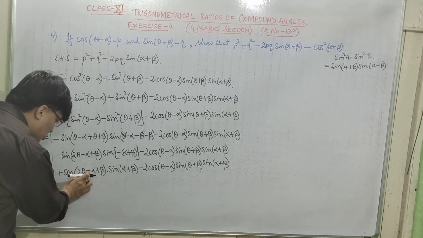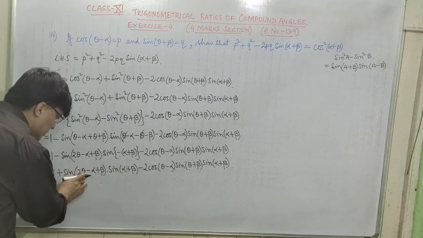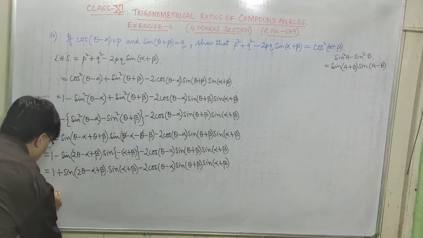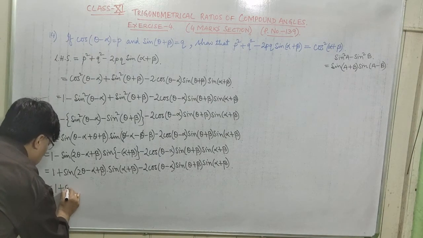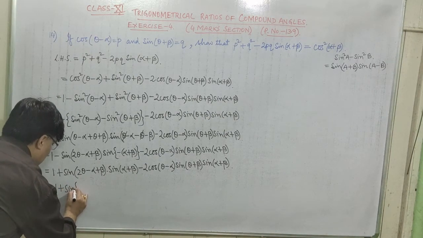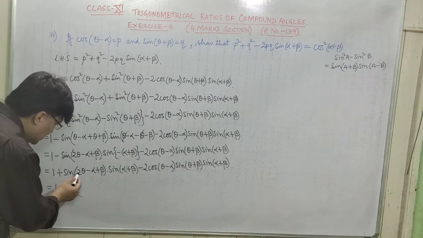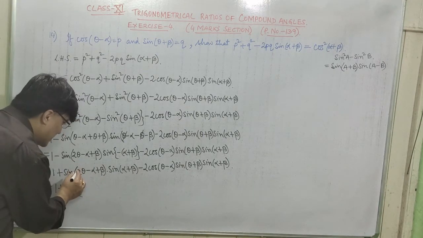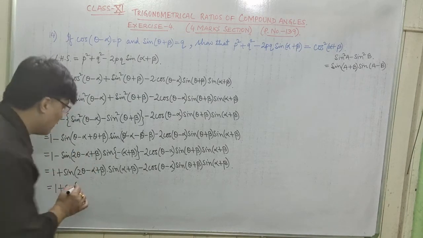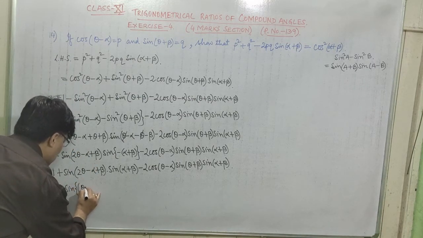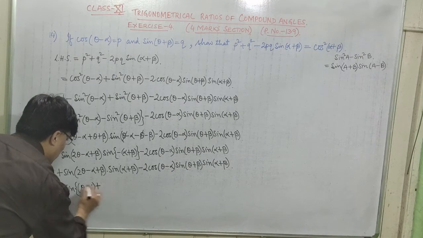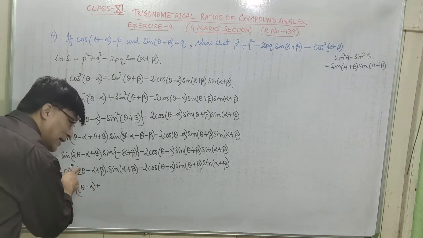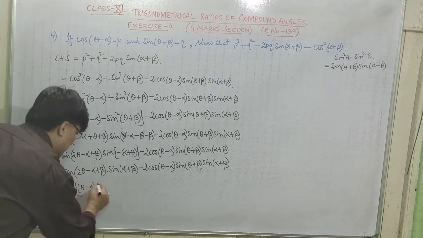So next, what will you do? Now let us simplify this 2 theta. This 2 theta can be written as theta plus theta, which is equal to 1 plus sine of within second bracket. This 2 theta can be written as theta plus theta. 1 theta you write it with minus alpha. So this is theta minus alpha plus 1 theta, another theta you write it with beta.